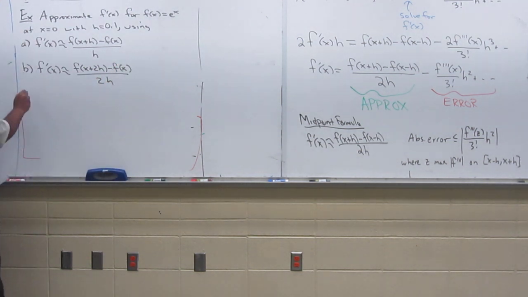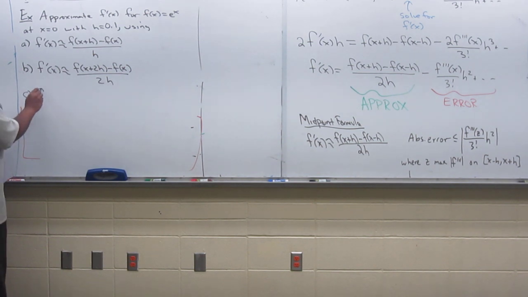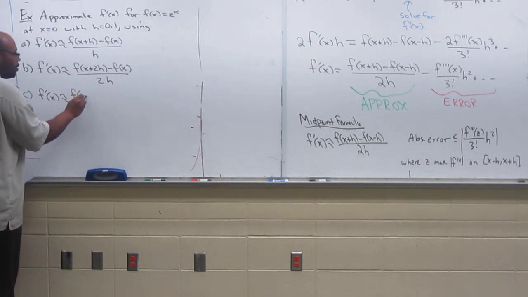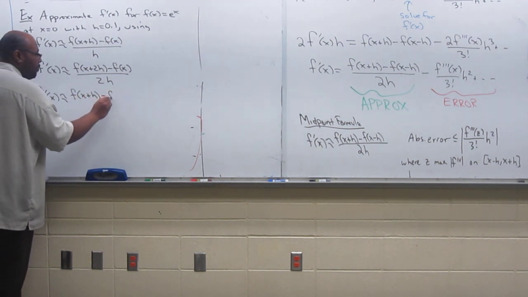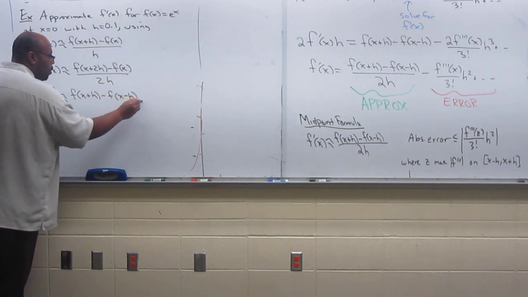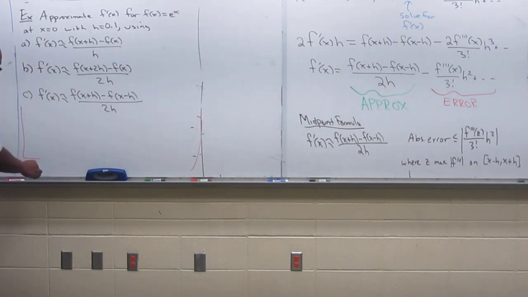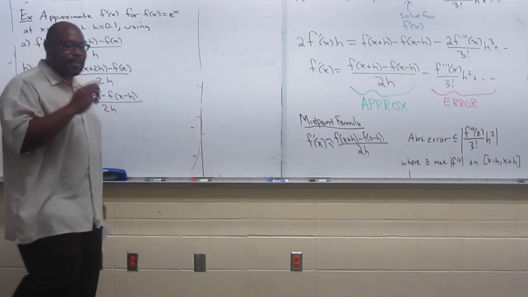And then we're going to use the midpoint difference. We use f of x plus h minus f of x minus h over 2h. So we're going to use all three of these.